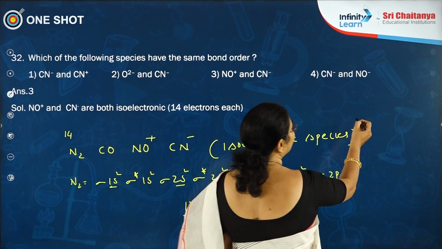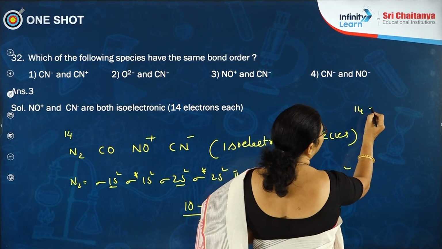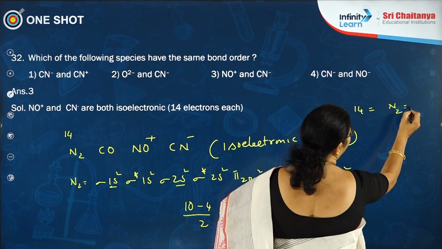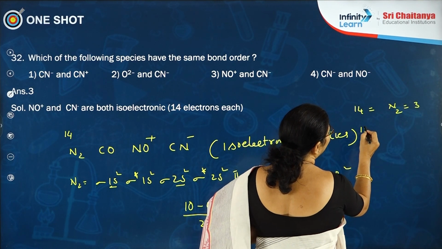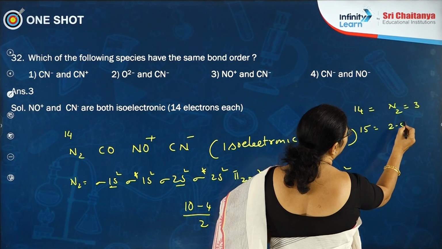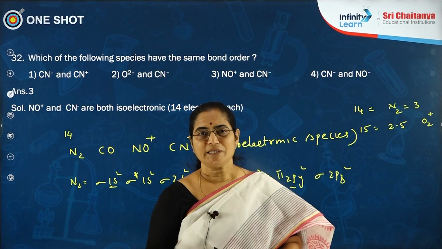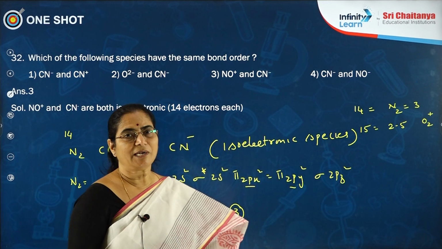And one more thing: if 14 electrons are there, for example nitrogen, bond order is 3. If 15 electrons are there, 2.5. For example, O2 plus: O2 has 16 electrons, and 1 electron is removed.